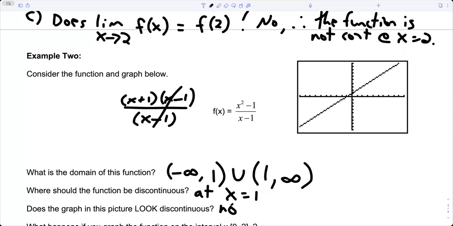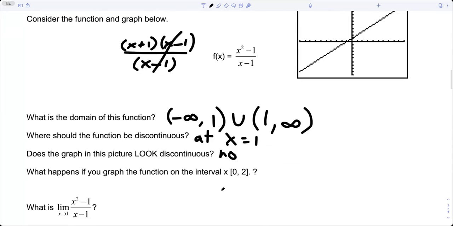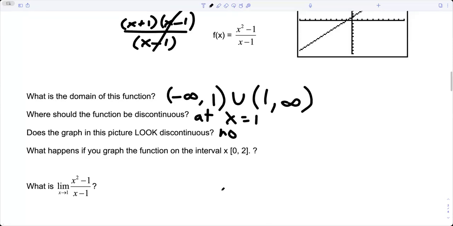However, let's do this. Change the window settings. Go to window. Have your x minimum be 0 and your x maximum be 2. Then graph the function again. What do you notice?